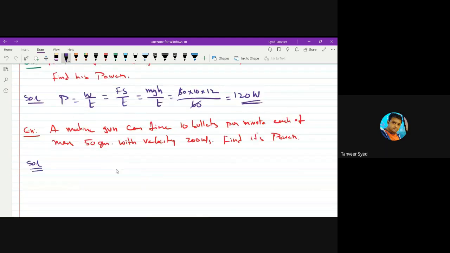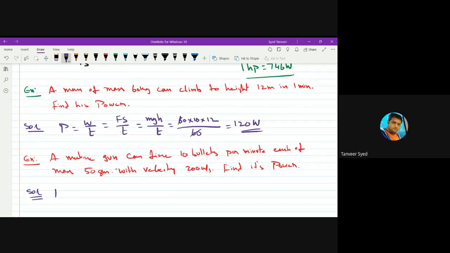What is power? Power is again the same thing, work by time. Is the machine gun doing any work here? Yes, it is doing work because it is giving kinetic energy to the bullets. So can I write work as kinetic energy, KE by t? How much is kinetic energy? Half mv square, change in KE, initially 0, so I will take only final.